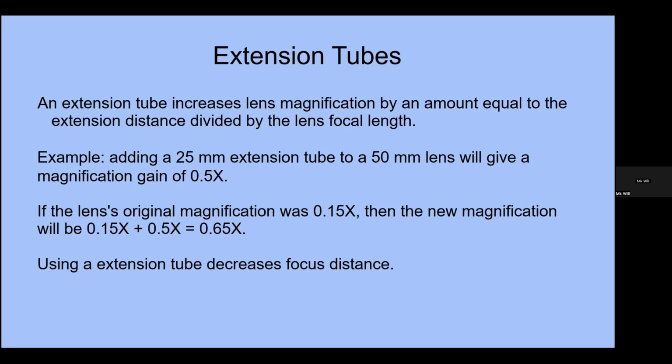So if you have, let's say, 25 millimeters of extension tube, and you divide the 50 millimeters into that, you come up with 0.5. The normal magnification of a 50mm lens is about 0.15. So you add the 0.5 and the 0.15 and you get 0.65.